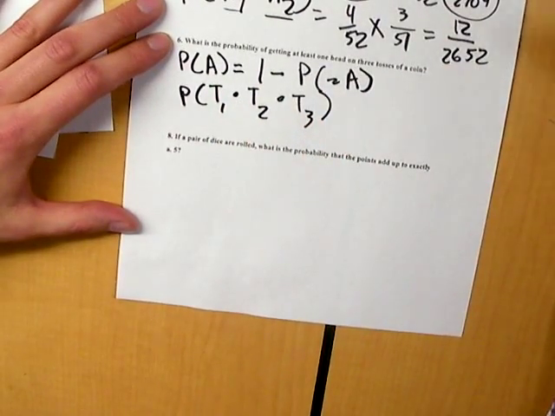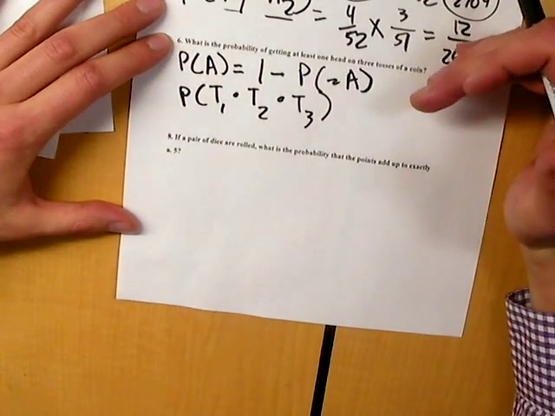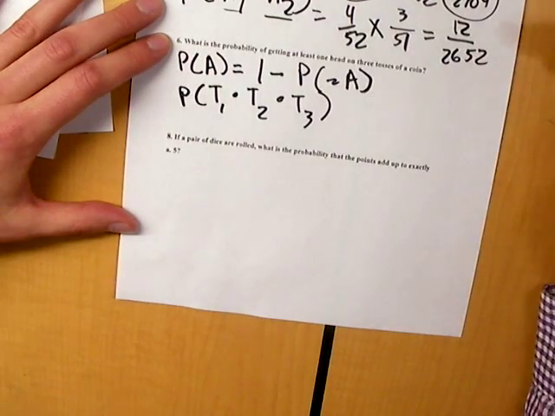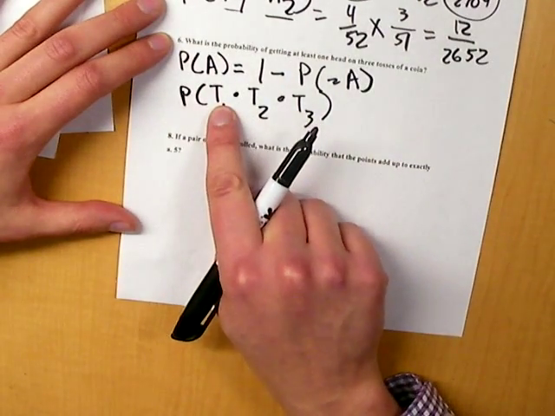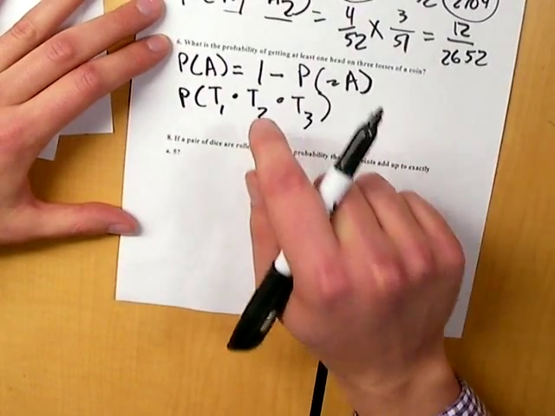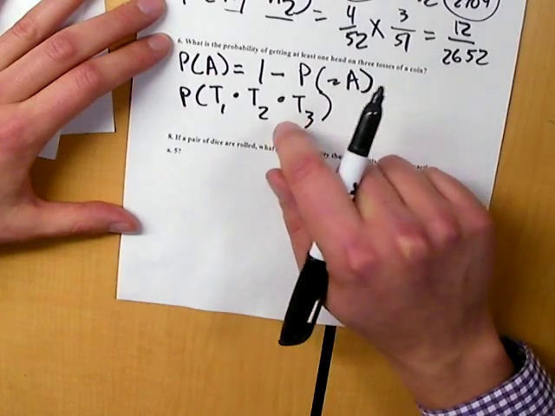And then the final question would be, are coin tosses dependent or independent? Coin tosses clearly are independent. Getting tails in the first toss of a coin is not going to have an impact on the probability of getting tails in the second, which is not going to have an impact on the probability of getting tails in the third.